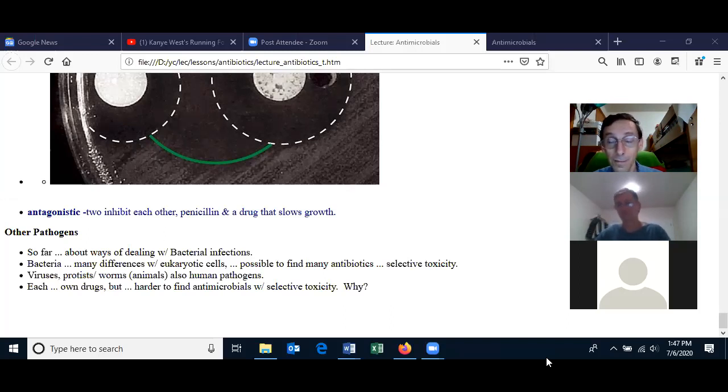There aren't a whole lot, but they can grow HIV in one of the chimpanzees. It doesn't cause AIDS in chimpanzees, but the virus will grow in one of the chimps. But mostly viruses, at least human viruses, are grown in tissue culture.